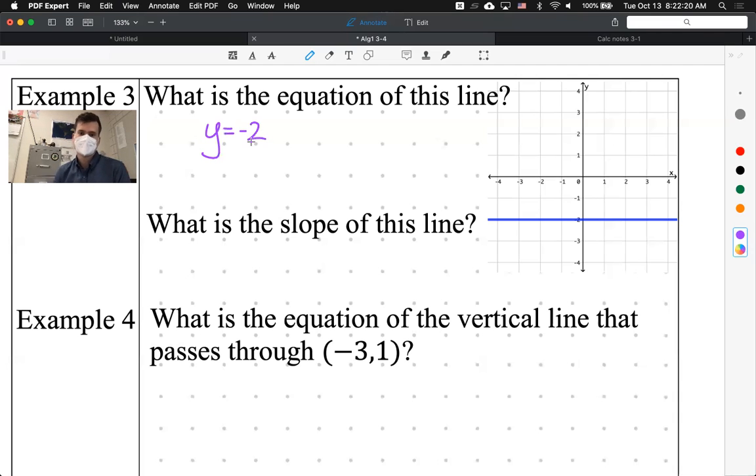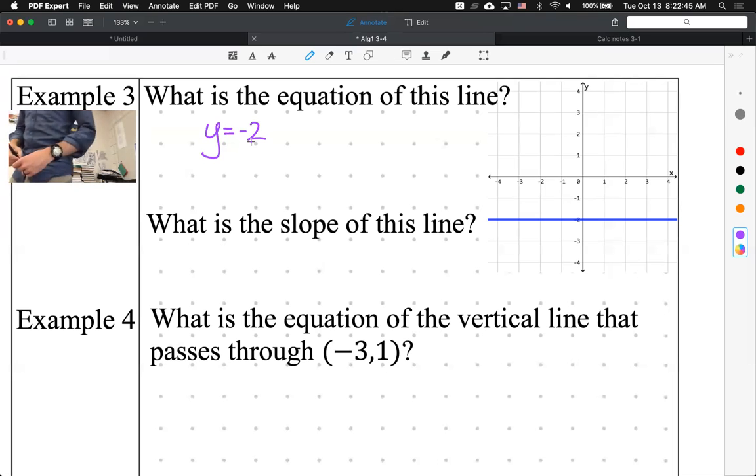The line has a y-intercept of -2. Yeah, that's the easiest way of saying it. Where does it cross the y-axis? Right there at -2. If it crossed the x-axis, going vertically like this, at -3, it would be x equals -3.